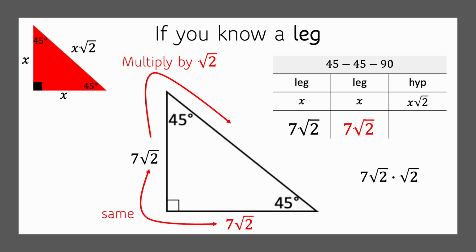I'm going to have to do a bit of math here. So 7 root 2 times root 2. Root 2 times root 2, well, that's 2. And 7 times 2 is 14. So there we go. I know my hypotenuse is 14.